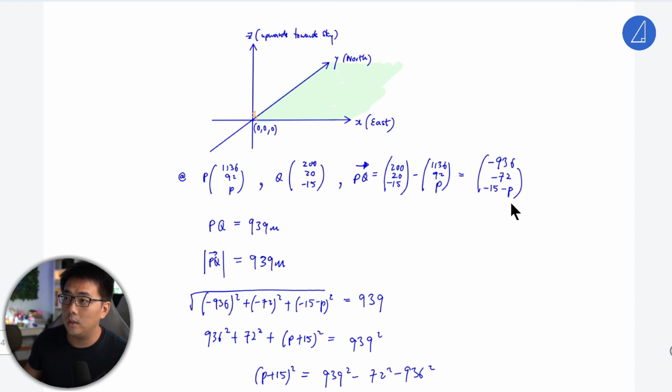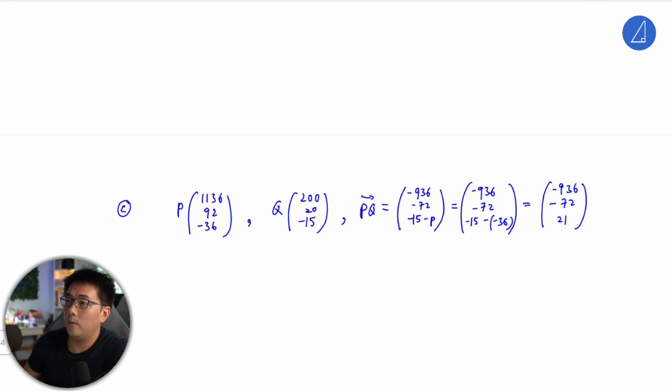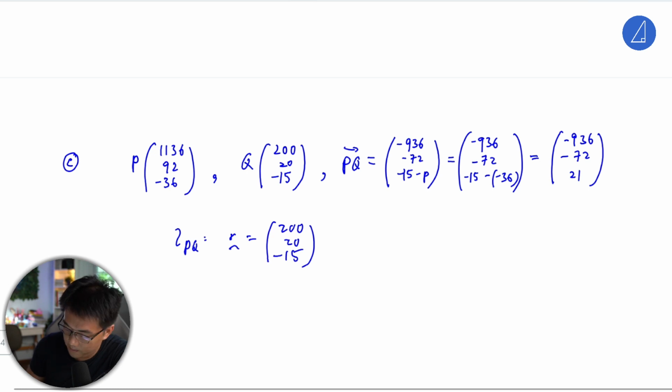So PQ is minus 936, minus 72 and minus 50 minus P. So just do that. So I got PQ as this direction. I think this can be simplified by dividing by 3, but I'm just too lazy. So essentially this L PQ, which is r, equals 220, minus 15, negative 15, plus lambda, negative 36. This is a line equation. The lambda is a real value.